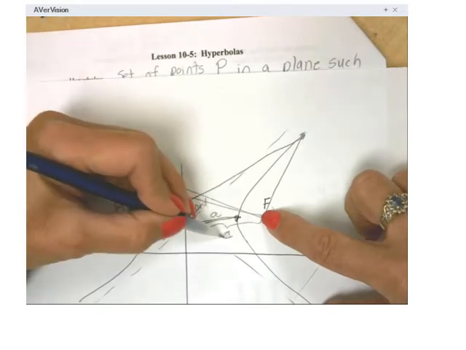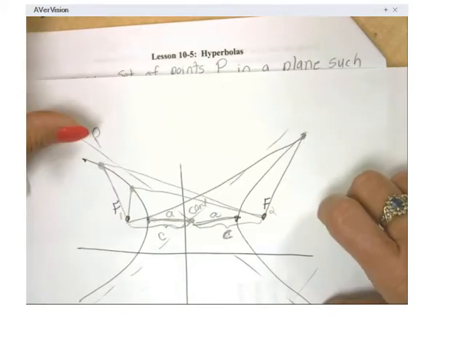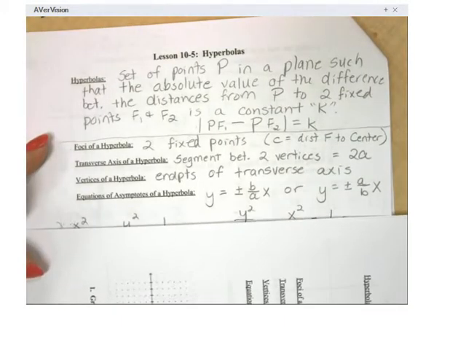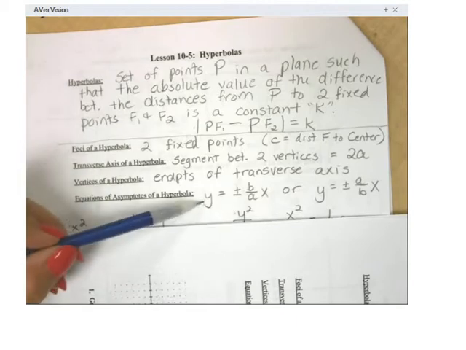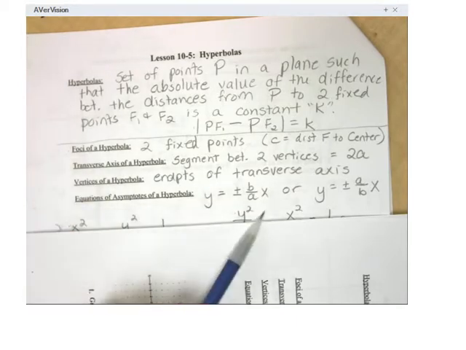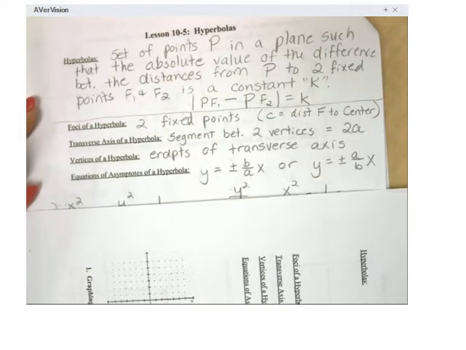Same idea here. Whoops, that should be a c. The distance from the center to a focus is our little c. So we use little a's, b's, and c's in this type of conic section as well. We will also have asymptotes, and we'll get back to that in a minute. But the equations, if we have our hyperbola centered at 0, 0, will look like this form. And I haven't even talked about what the little b looks like yet, but that's our setup.